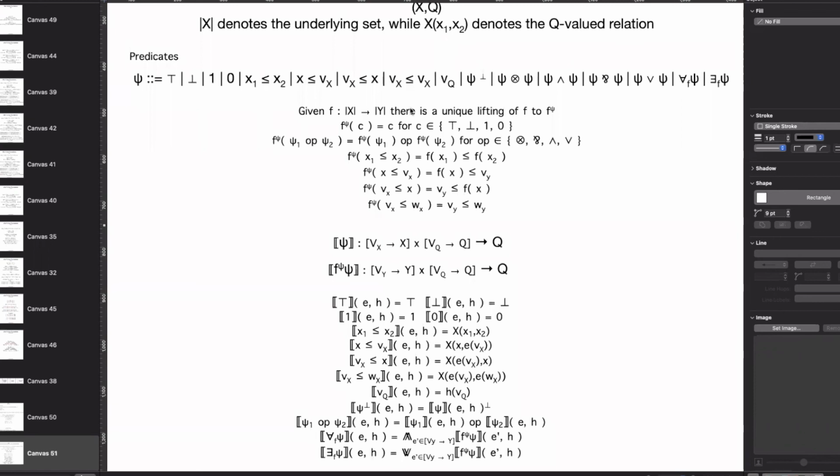And I can do the same, I can give a filtery Q category kind of thing. Such technical language, but I'm just trying to convey some intuitions here.